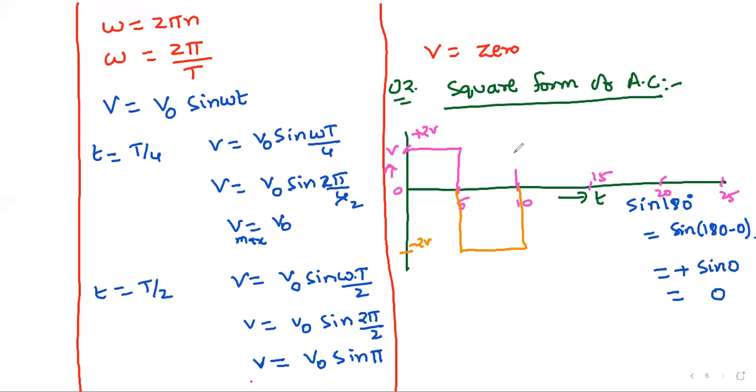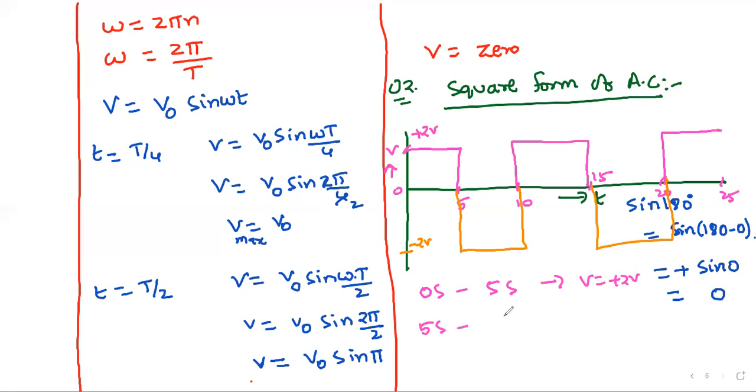But see, in the period of 0 to 5 seconds, whatever voltage we got, the same voltage should be obtained in the next period also. So from 0 to 5 seconds, the voltage is plus 2 volt, and from 5 seconds to 10 seconds, the voltage is minus 2.